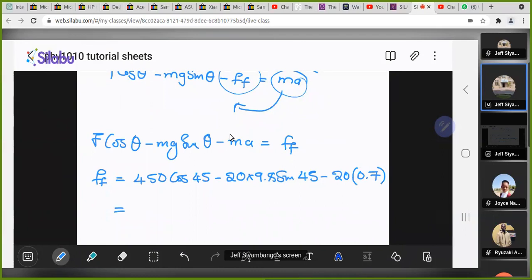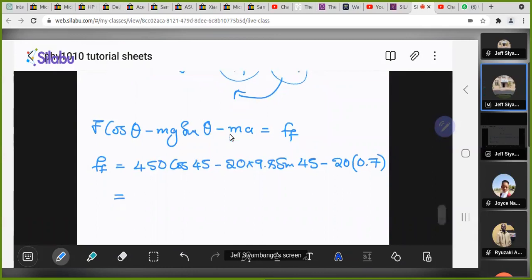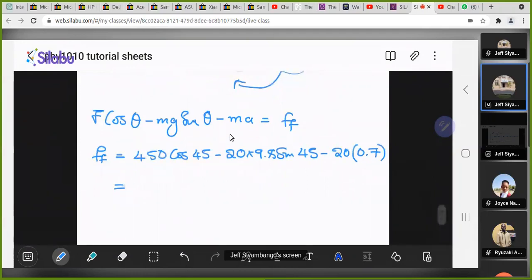We get 318 minus 20 by 9.8, then sine 45. Just up to that point, we get 179. Then we subtract 20 by 0.7, and we get 165. So force of friction here comes out as 165.60 newtons.